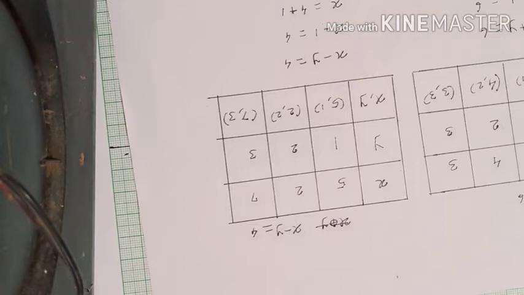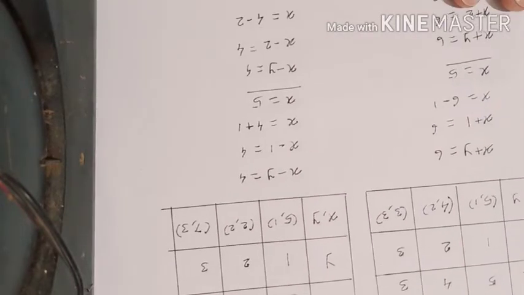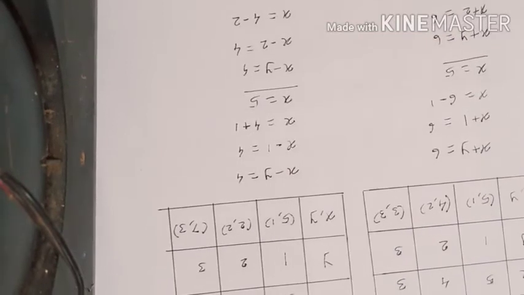Now, boys and girls, if you cannot understand how to find the values, then watch the video one by one. In the first equation, the points are 5 comma 1, 4 comma 2, and 3 comma 3.